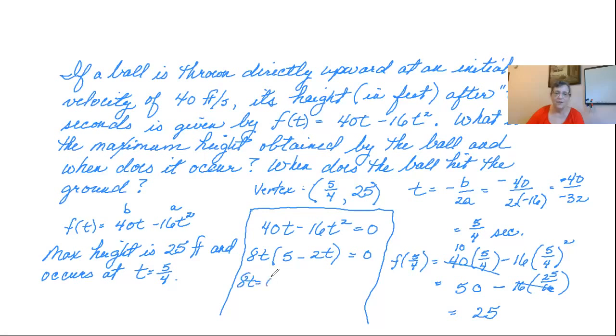If you have any trouble factoring, just use the quadratic. 8t is equal to 0 when t is equal to 0. 5 minus 2t is equal to 0 when negative 2t equals negative 5, or when t equals, if I divide by a negative 2, I'm going to get 5/2.